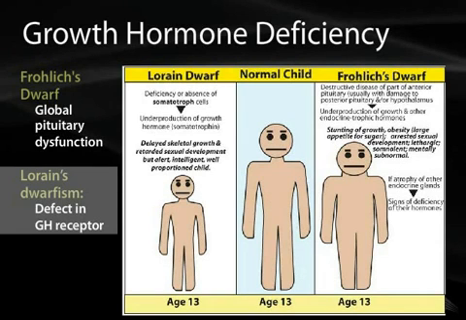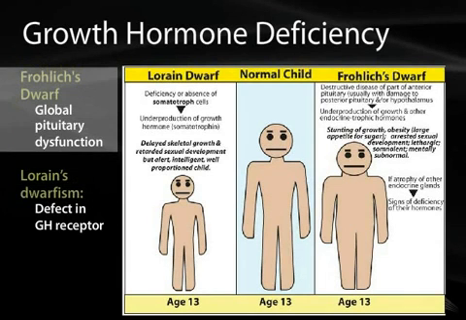Compared to a normal child, a child with Lorain dwarfism, where there's an isolated defect in growth hormone production, is a well-proportioned child who is just short, has short stature, but there is no developmental delay or other developmental abnormalities.